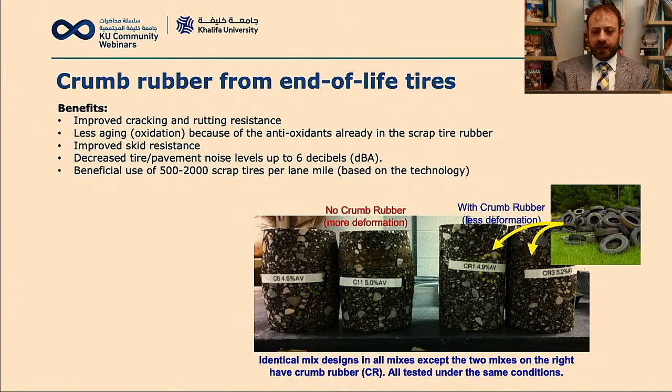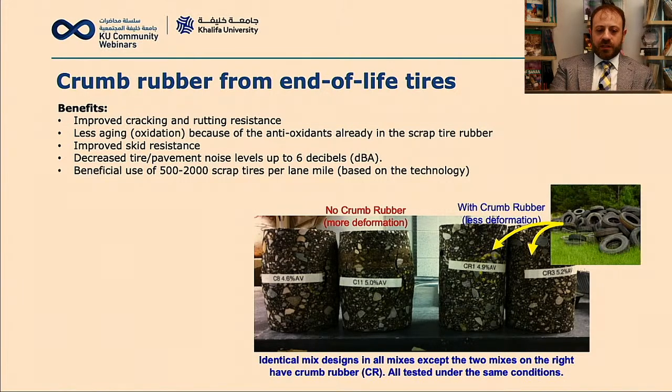On the right side, you have the same type of mixtures, but in this case, we do have crumb rubber from end-of-life tires inside this material. And you see that the samples remain more or less as they were at the beginning of the test. So no, or just a little bit of, permanent deformation that is not clearly visible over there.